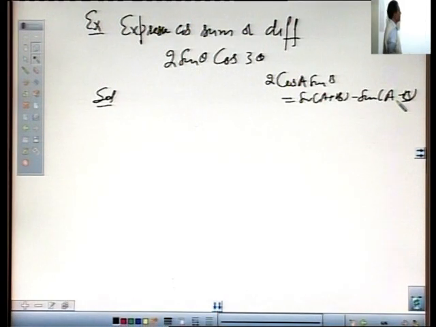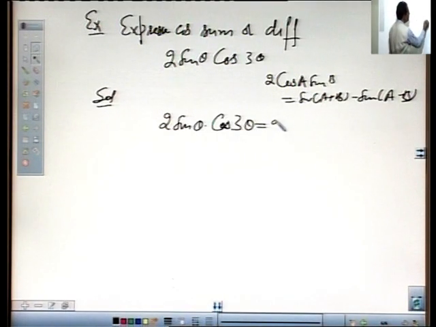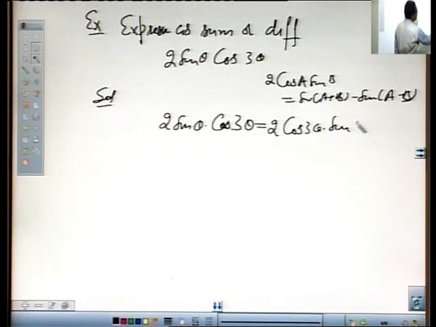Here we use this formula. 2 sin theta cos 3 theta can be written as 2 cos 3 theta sin theta.